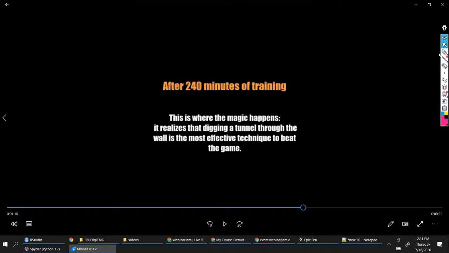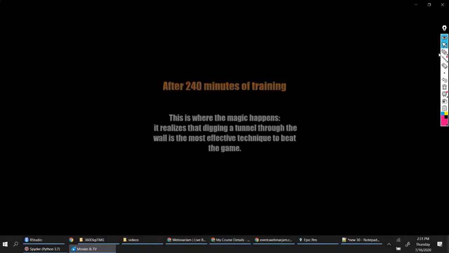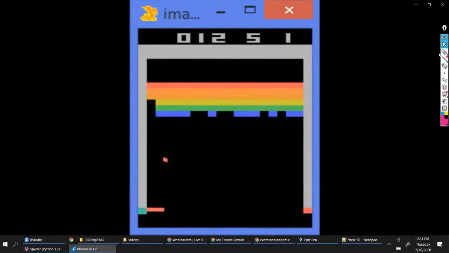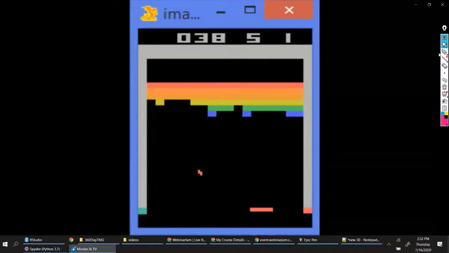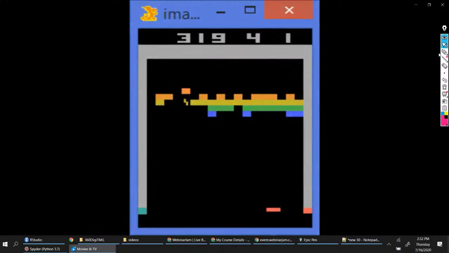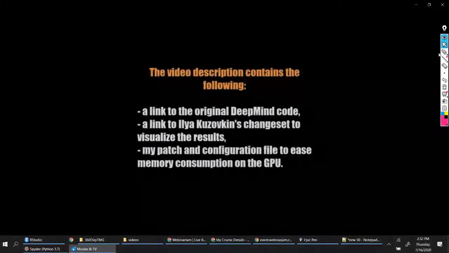You're automating the process. So see what it does. After 240 minutes of training, the agent is trying to find a shortcut to improve the score. It's performing better than humans now. It's figured out that sending the ball above by creating a tunnel would give better results.